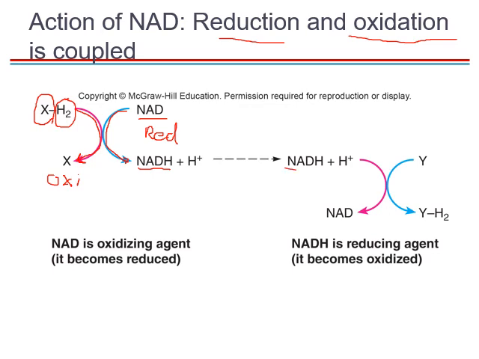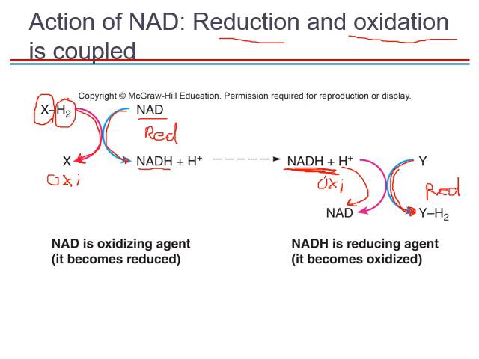NADH can later be oxidized. It's lost or donated its electrons, and now another molecule has picked them up. So Y here has now been reduced because Y picked up the electrons that were released by the reduced NADH.